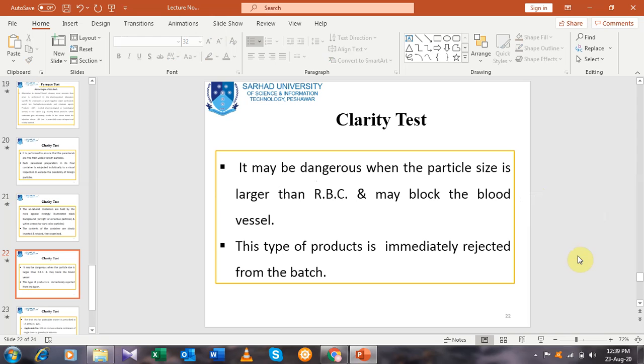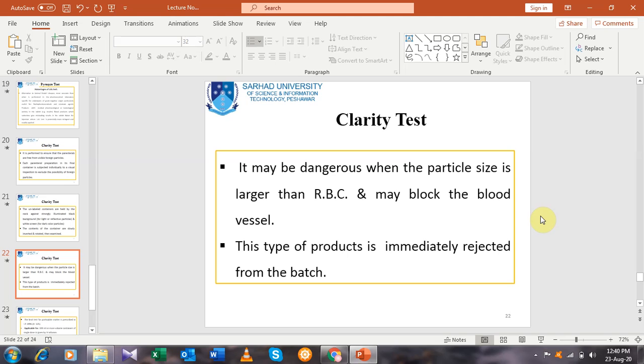It may be dangerous when the particle size is larger than the RBC. If we have a formulation with a particle larger than a red blood cell, then it may block the blood vessel when administered to the patient.